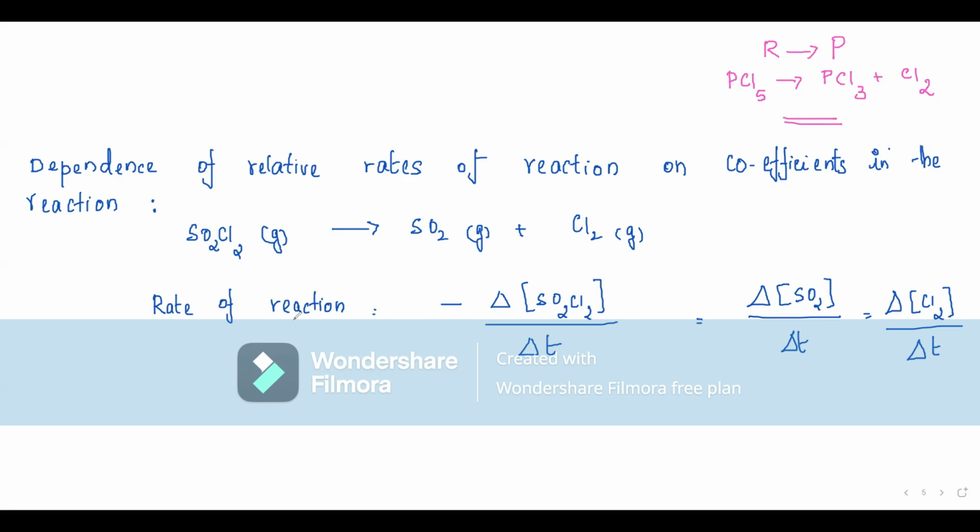So here, the rate of reaction is change in concentration of SO2Cl2, and since it is the reactant, we should put the minus sign, divided by the time taken for the change, which is equal to delta SO2 by delta T, or delta Cl2 by delta T. That was the average rate which I have represented here. If it is instantaneous, you just have to write d by dt of the same thing.